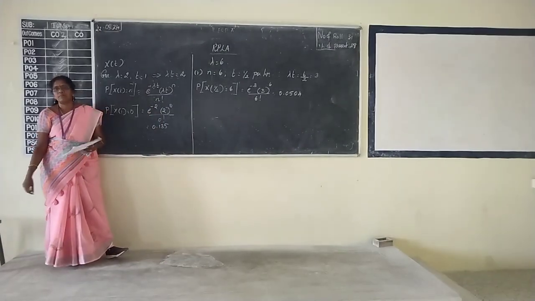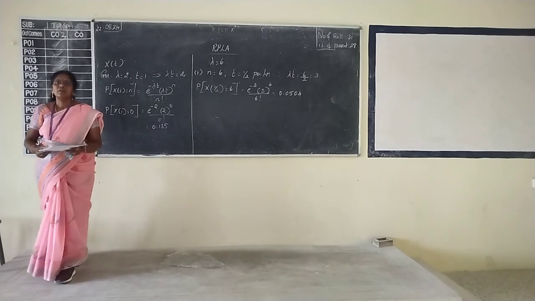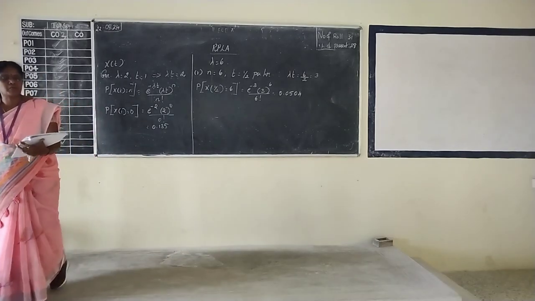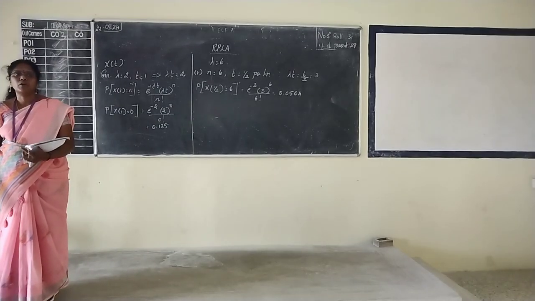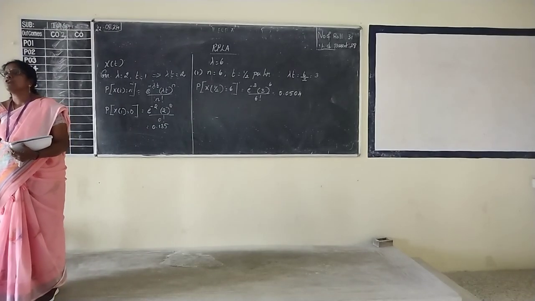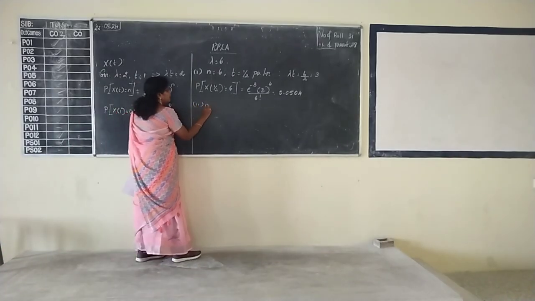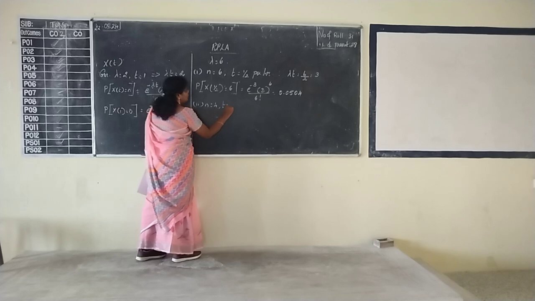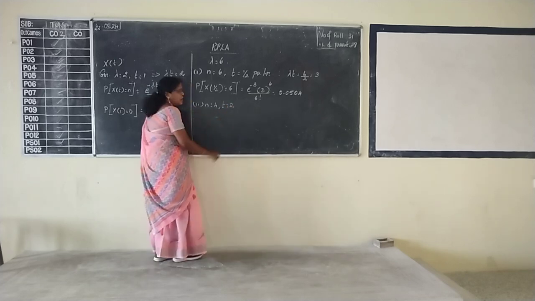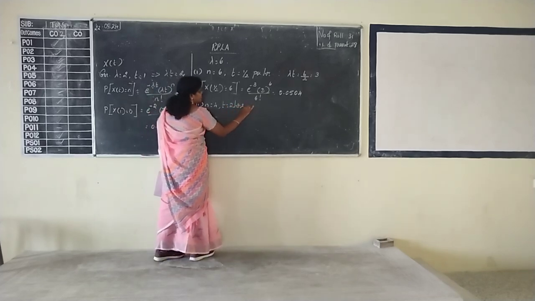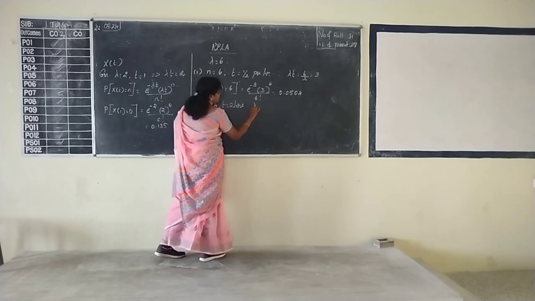Tell me the second one. See the second one. How many ships are you sighting? 4. In how many hours? 2 hours. So for the second one, what is the data given? N equal to 4, t equal to 2 hours. So what is lambda t?